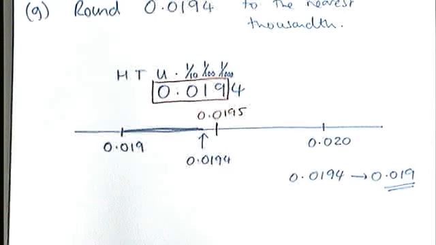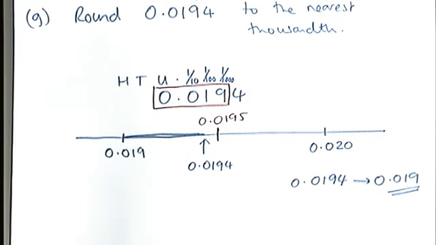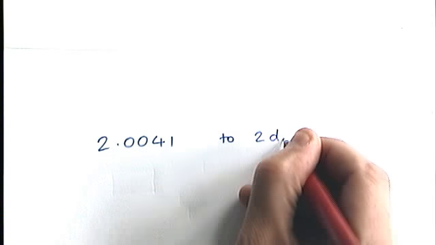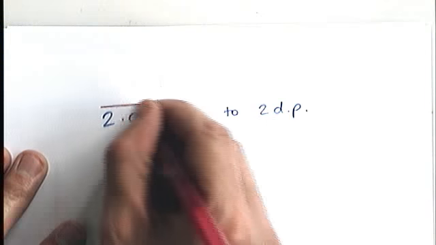There is a sort of shortcut way that you can do these roundings. If I take just one of those last examples, okay, this one here, 2.0041 rounded to 2 decimal places. Okay, when I was putting the box in there, the box tells you where to chop your number off if you like.